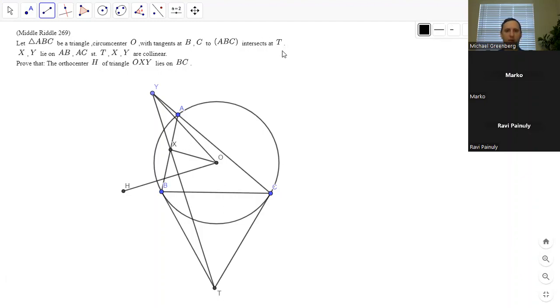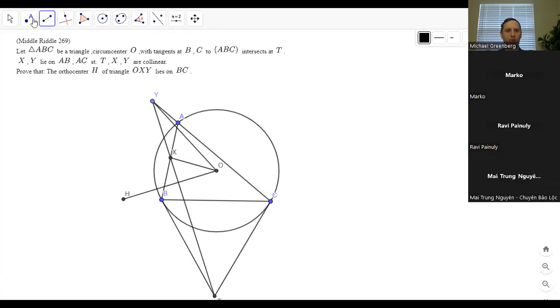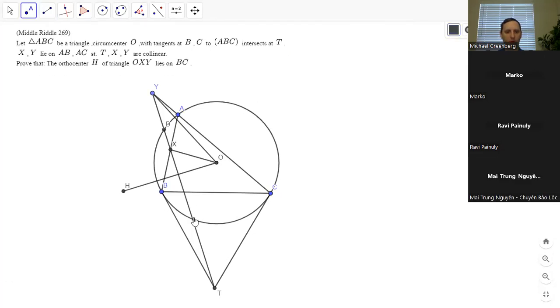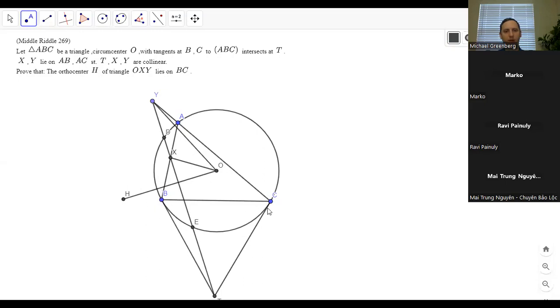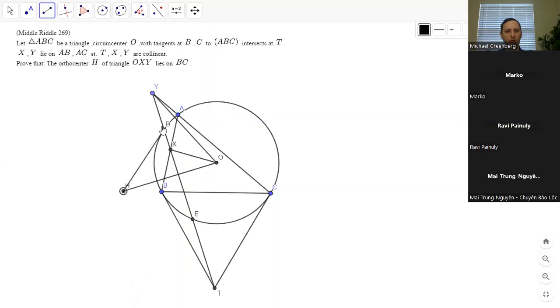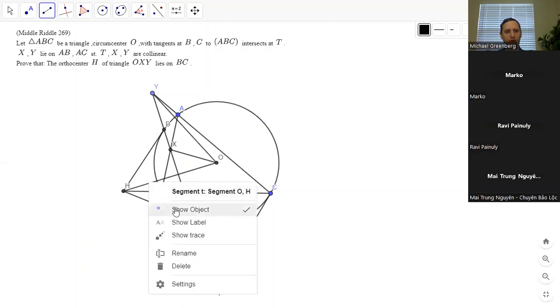And draw the intersections of XY with a circle. And you get a harmonic quad. So DBEC is harmonic. And so the tangents at, okay. So basically we could draw this point, and then we have to show that that point is actually the orthocenter. Is that obvious? Let's see.